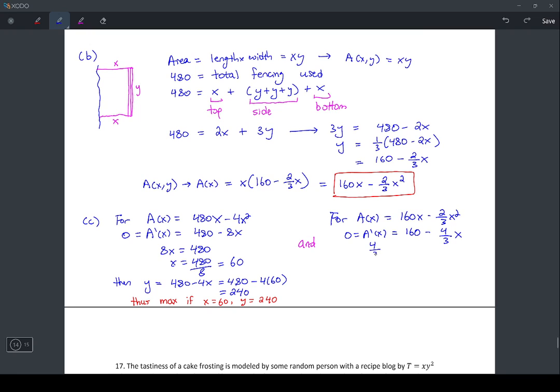So 4/3 x equals 160. I'm going to divide by 4. 160 divided by 4 is 40. And then multiply by 3, 120. And then go back and find y. So y is 160 minus 2/3 x.